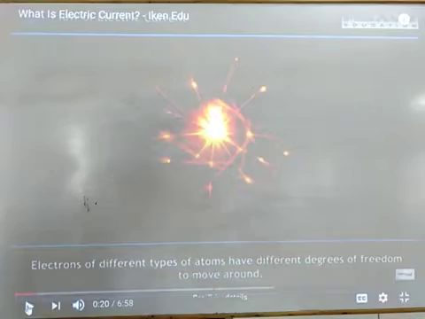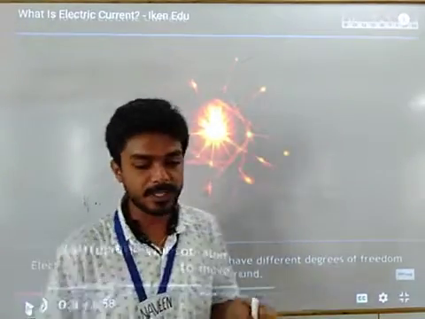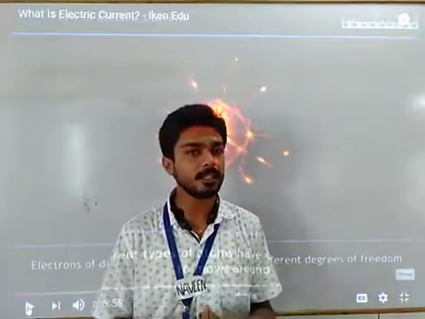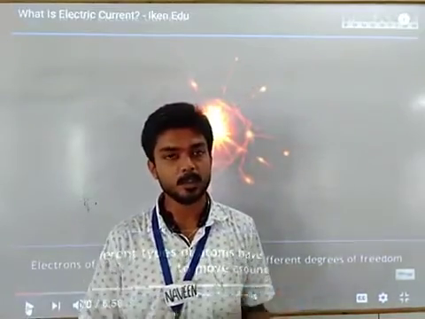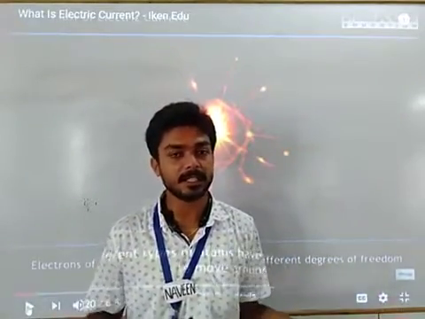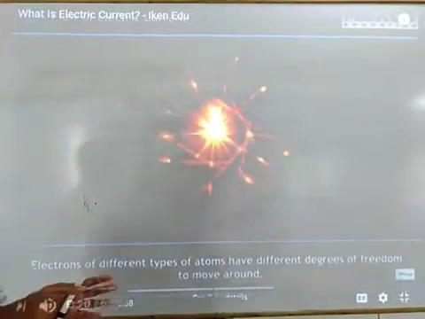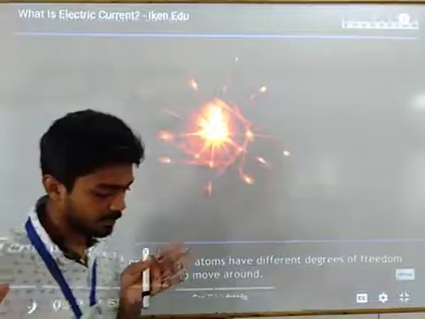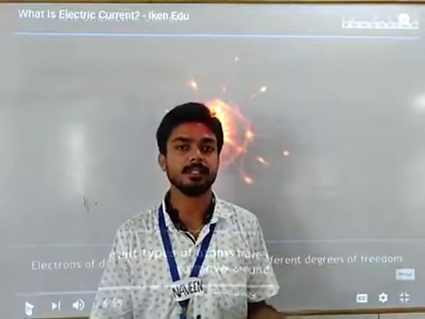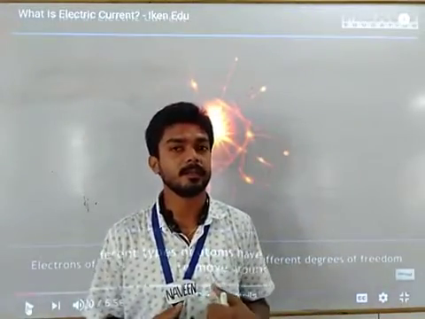After that, we have studied that in conductors, there are free electrons. These free electrons can move inside the conductor freely, and we said that current is a flow of charge. When charges start to flow, then we say current is flowing.